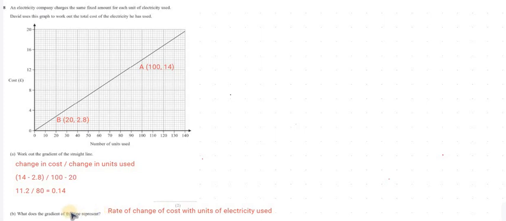Okay, so the gradient is always the rate of change of what is on the y-axis with what is on the x-axis. Cost with units of electricity used. Okay.